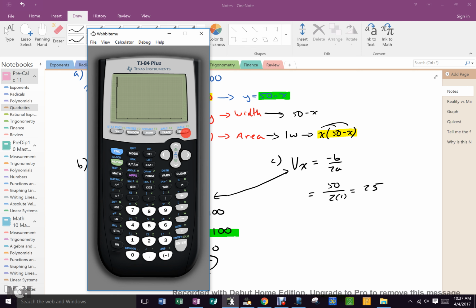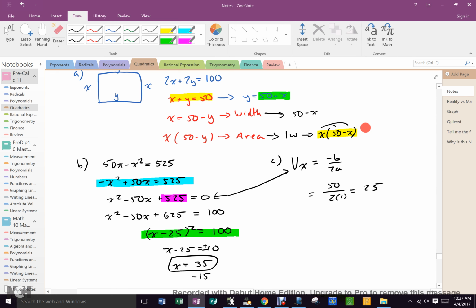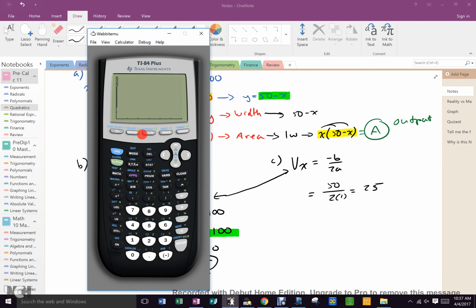Because this equals area. That's my output. So when I go to my calculator and I check my window, we did this for length and width. What is y? It's our areas. We know that our area is at least 525, don't we?